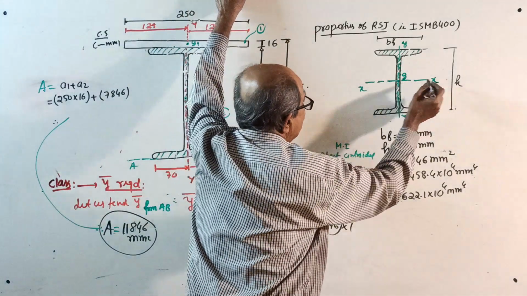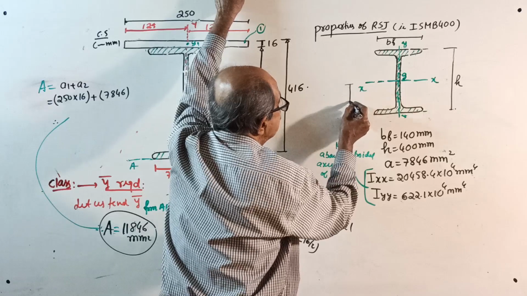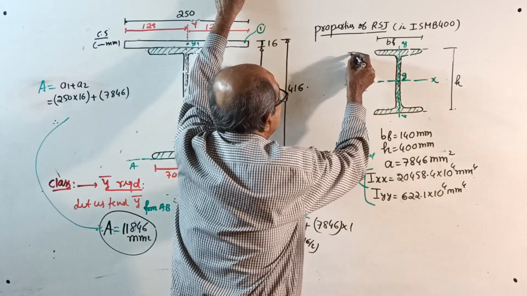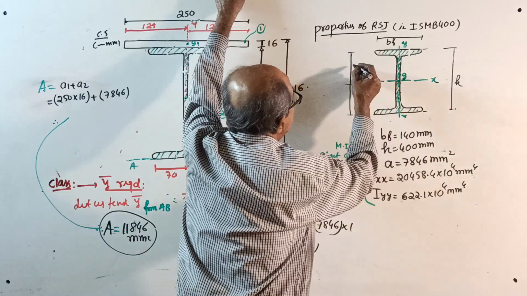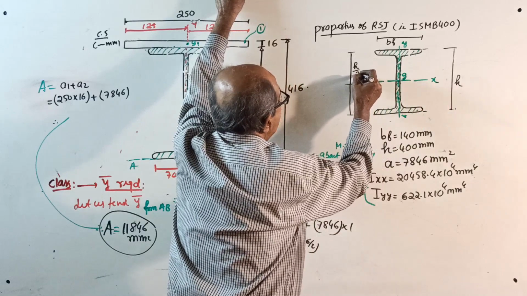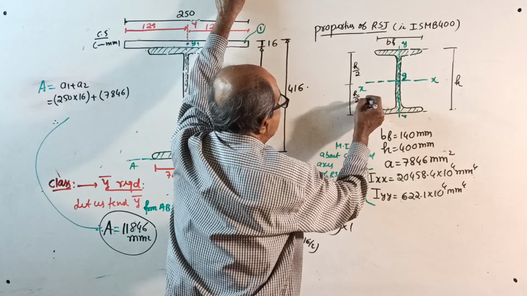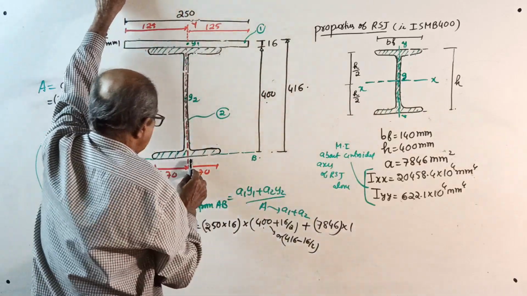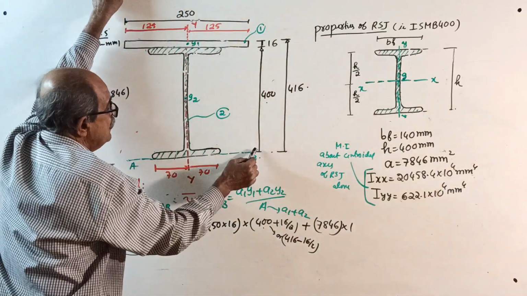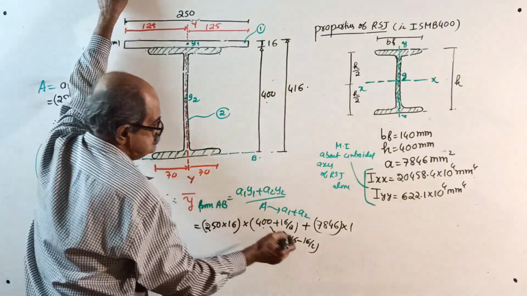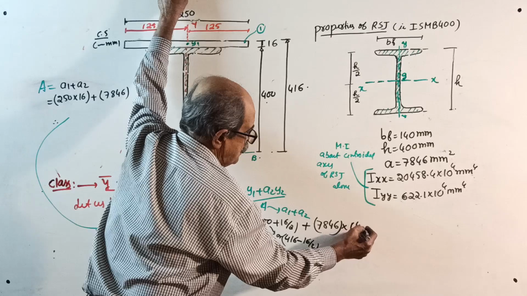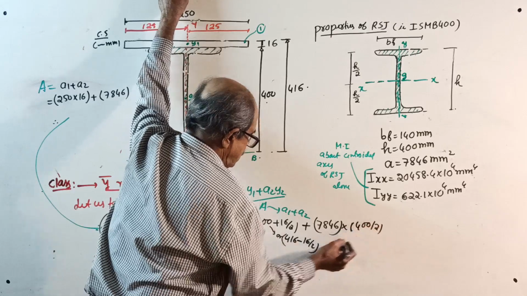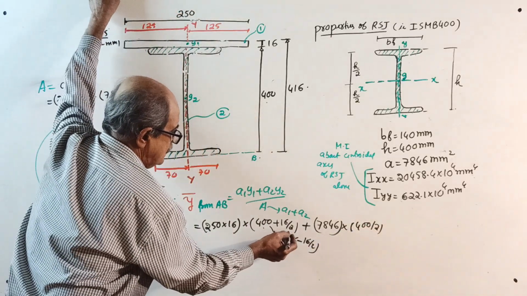If this is the x-axis, this distance and this distance are h by 2 and h by 2, because it is symmetrical. So from here to the centroid is 400 by 2, into 400 by 2. Complete answer.